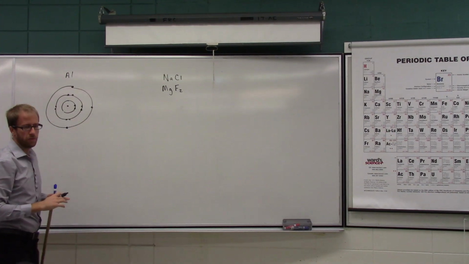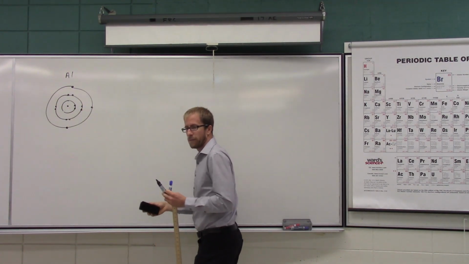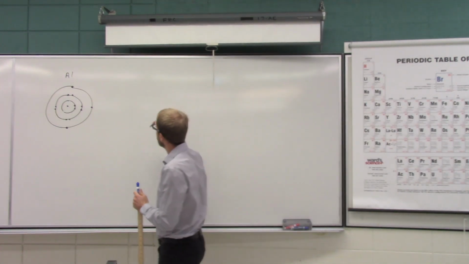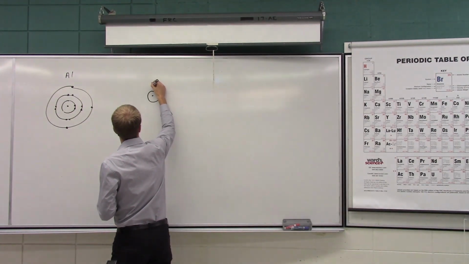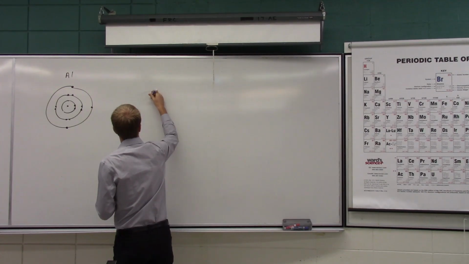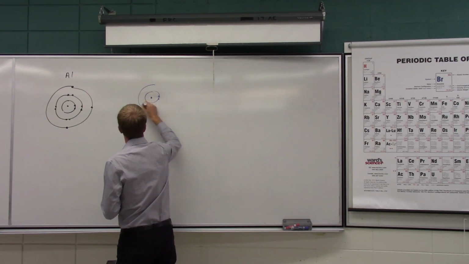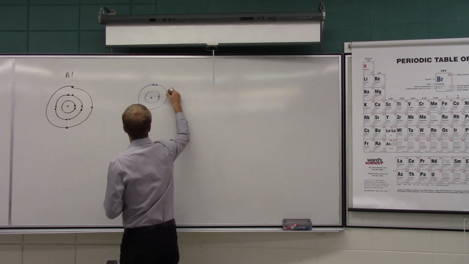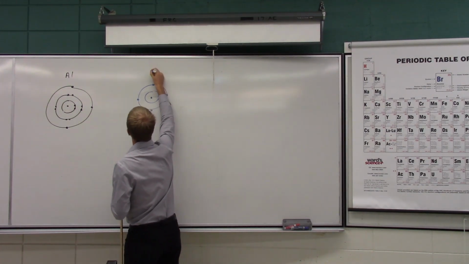And how about our oxygen? What does our oxygen have? 8. We have 8. So, look here. Our oxygen has, let's do this in blue, 8. This is our oxygen.